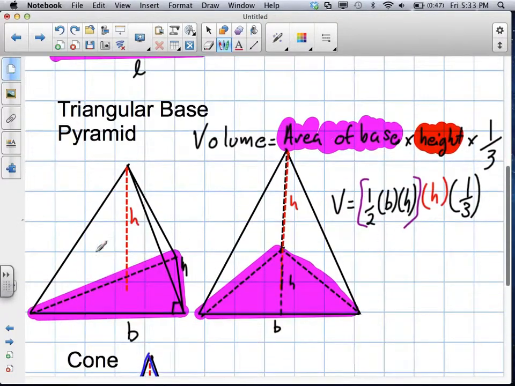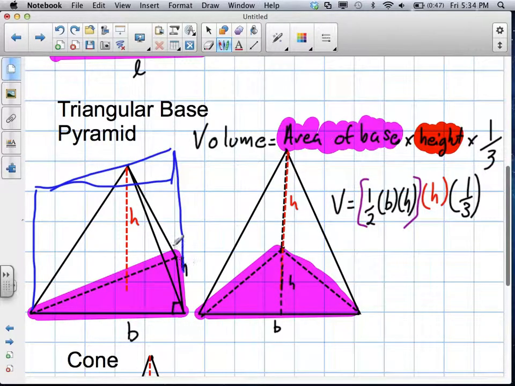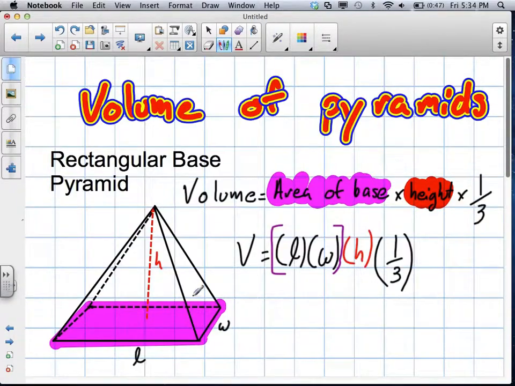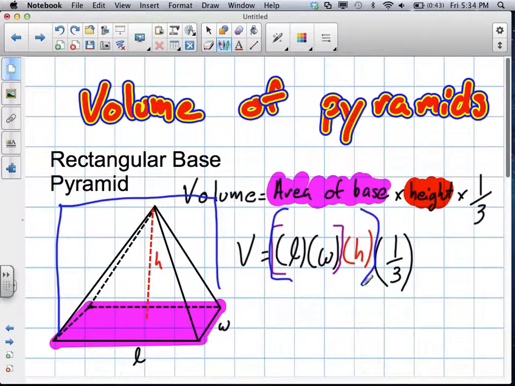Same with this one here. This could be looked at as a triangular base prism. And in that case, this would have been the volume of it. But because it's a pyramid, we multiply by a third at the end of it. And same with this one here. We could have got a prism again. This would have been the volume of the prism, but because it's a pyramid, we multiply by that.